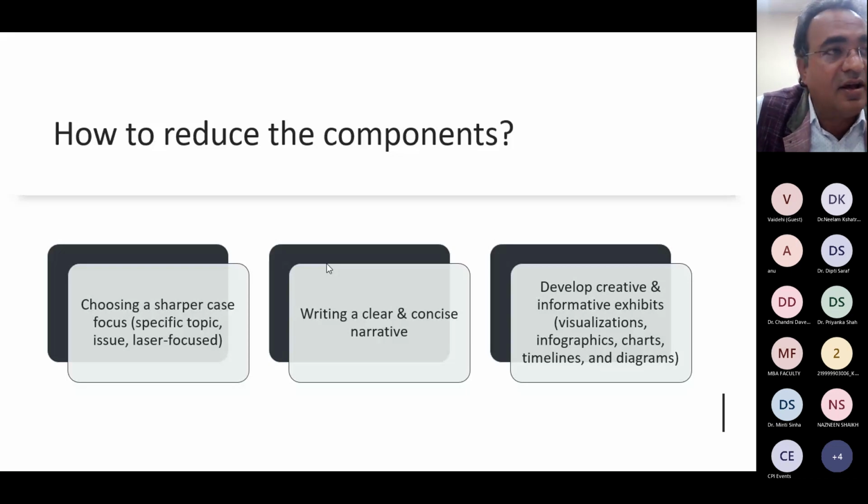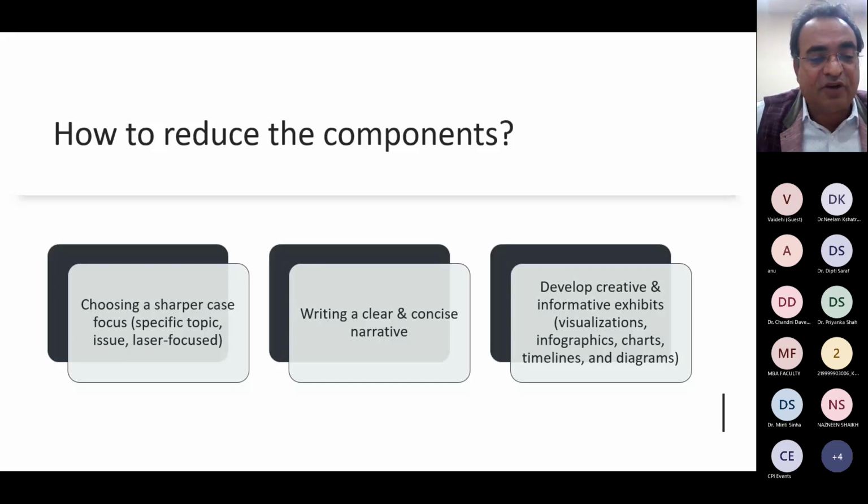And as I discussed earlier, you can develop creative and informative exhibits, right? You can go for visualizations, infographics, charts, timelines, and diagrams, and students love it. In fact, you can use tools like Canva to design your infographics or exhibits, and students would love it. It will be easy for them to capture the information, understand it, or use it for their analysis and synthesis.